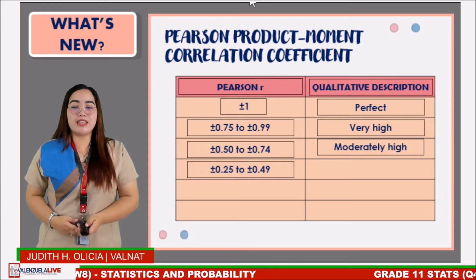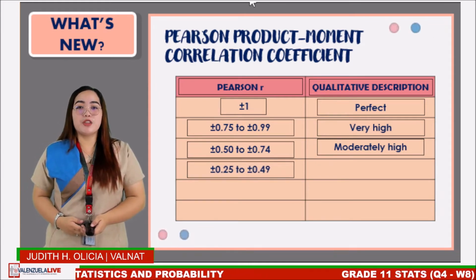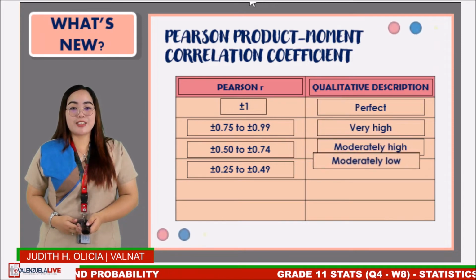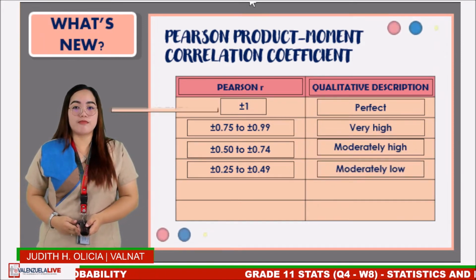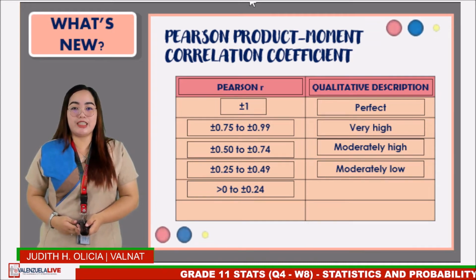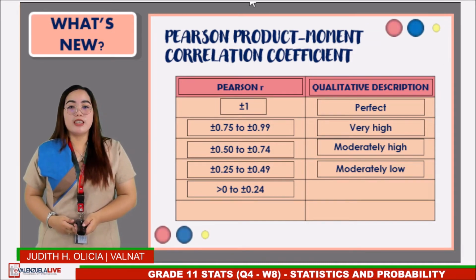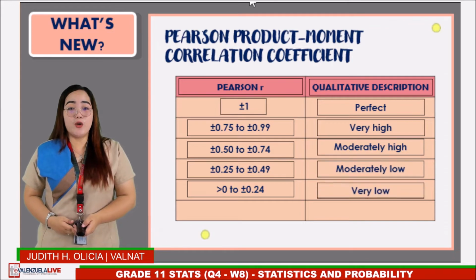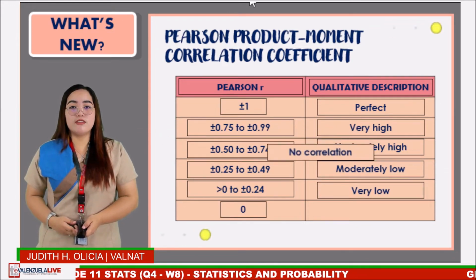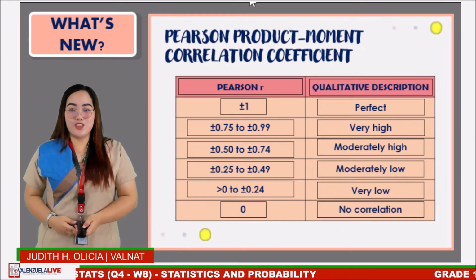For positive and negative 0.25 to positive and negative 0.49, it has a moderately low correlation. For greater than 0 to positive and negative 0.24, it has a very low correlation. For 0, it has no correlation.